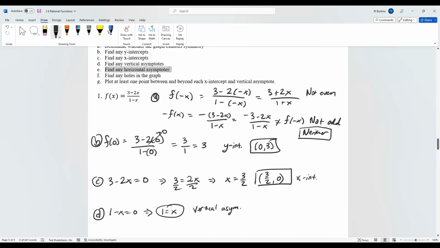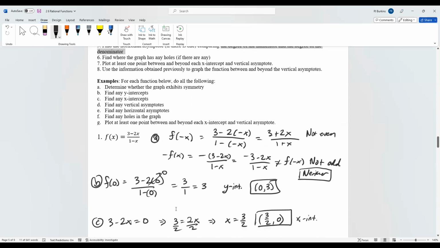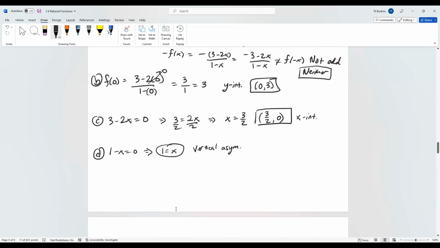All right, find any horizontal asymptotes. So again, to do that, we're comparing the degree of the numerator and the degree of the denominator. In both cases we had negative 2x and we had negative x in the denominator. So the degrees are degree 1 for both numerator and denominator.